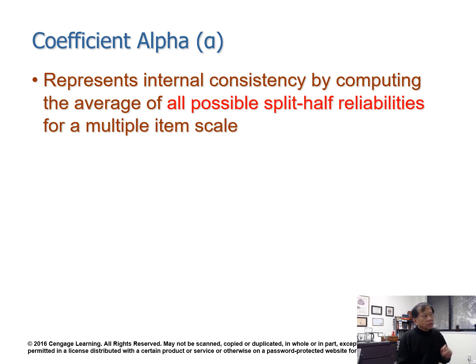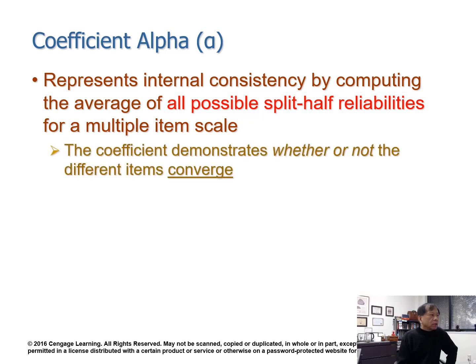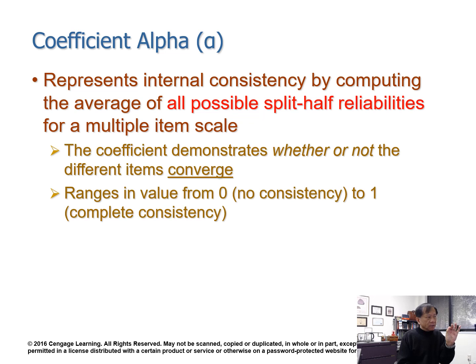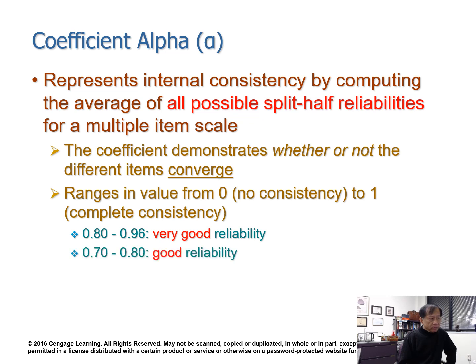Coefficient alpha represents internal consistency by computing an average of all possible split-half reliabilities for multiple-item scales. It demonstrates whether or not different items converge. It ranges in value from 0, no consistency, to 1, complete consistency.